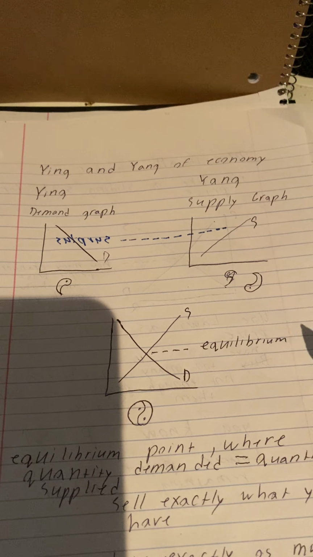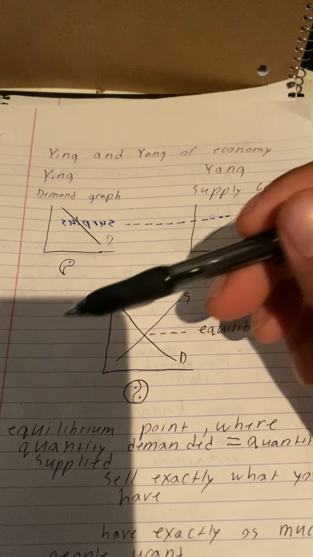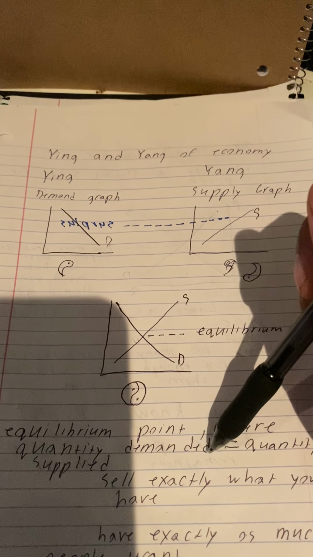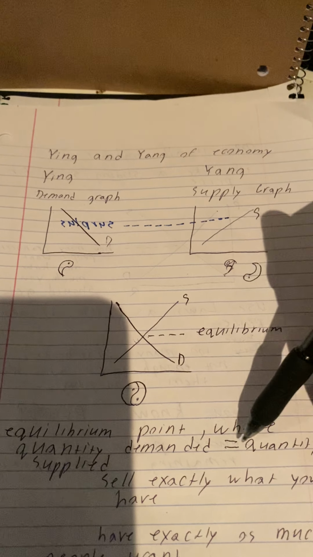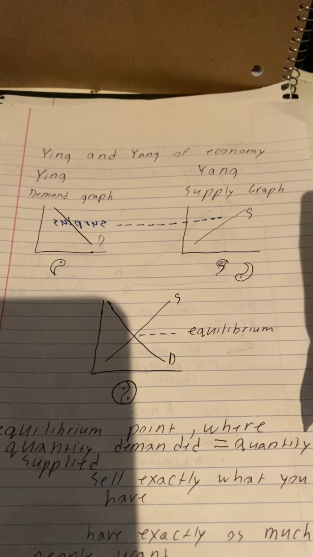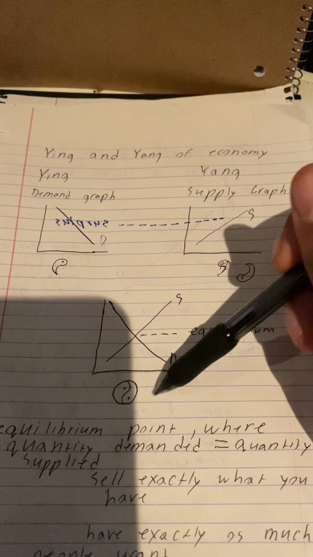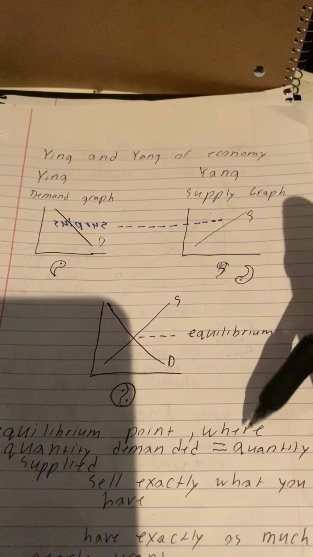Now, what does that mean? Basically, it's the equilibrium point right here, where quantity demanded, the demand graph, intersects, so it equals quantity supplied.